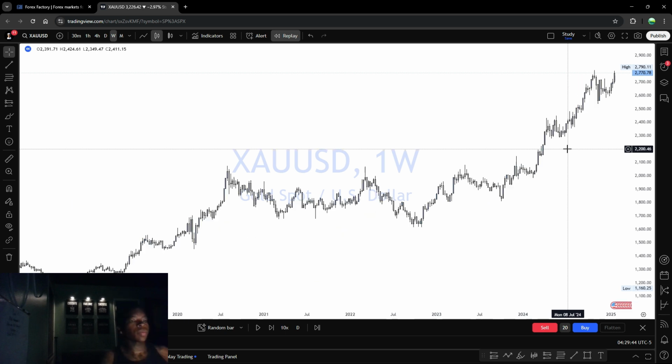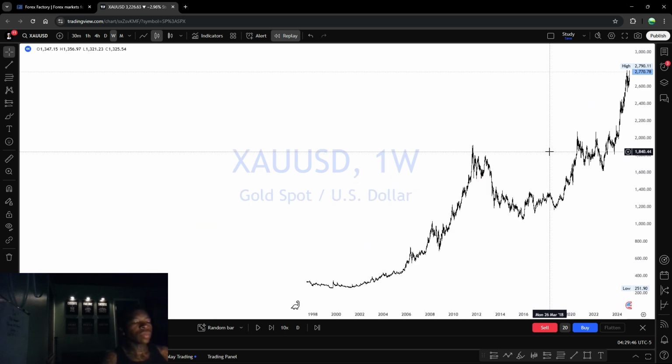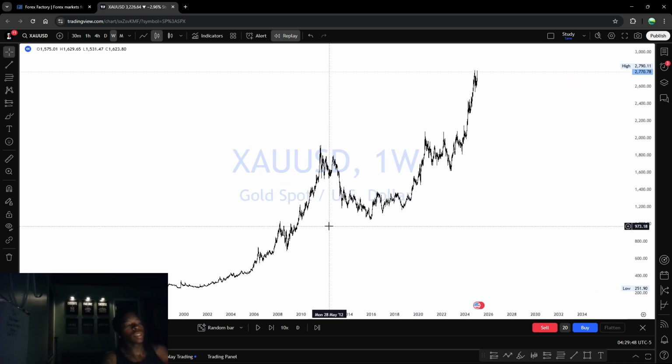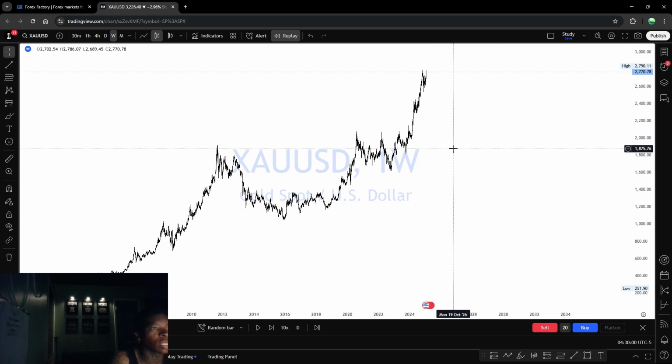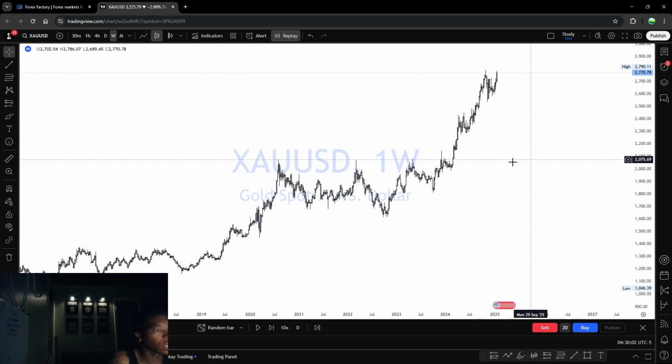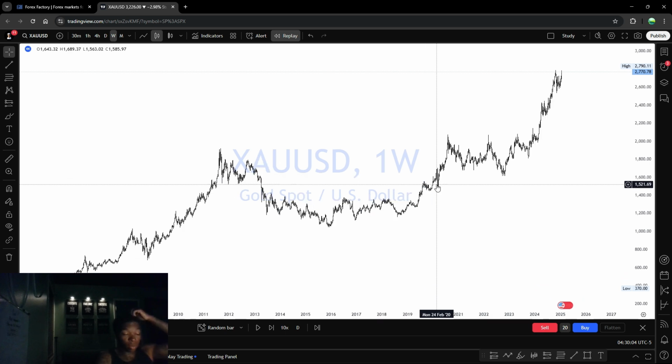Okay, so when we have overall prices in the uptrend: impulse, correction, continuation, correction, continuation. So overall uptrend.